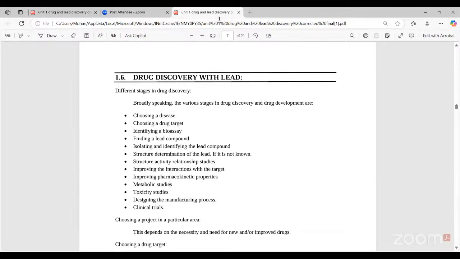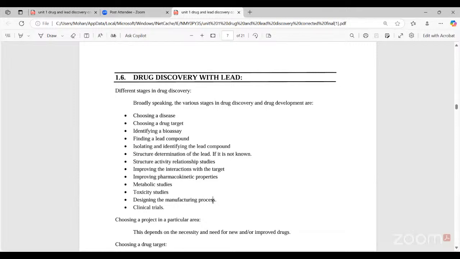Then the toxicity studies. The drug compound must not show any side effects. That side effect we generally call toxicity. Then designing the manufacturing process.